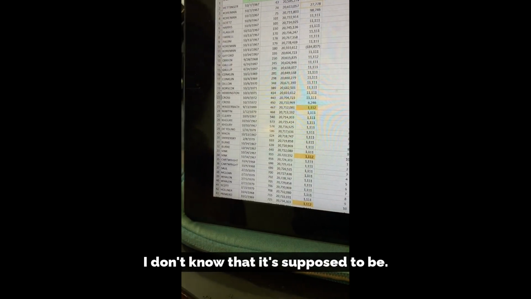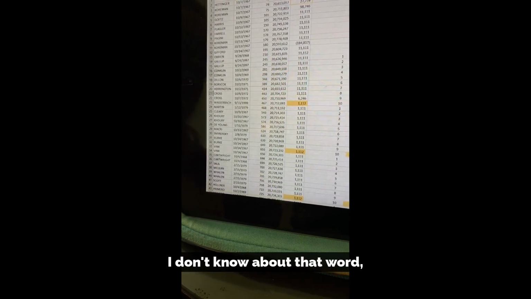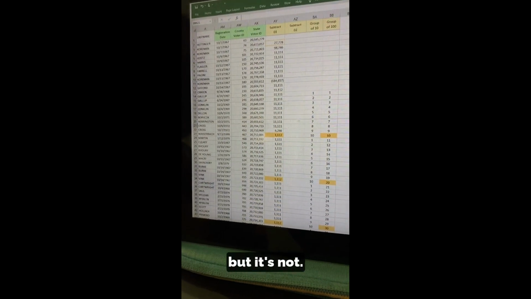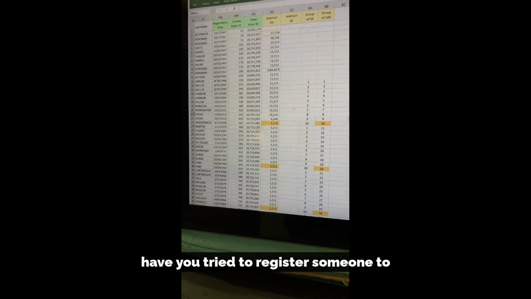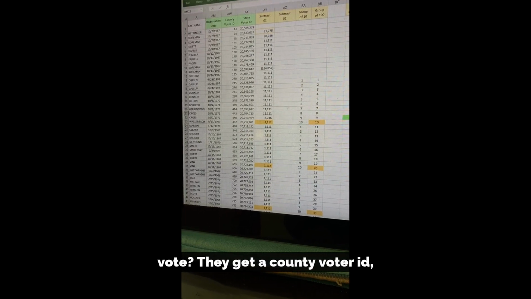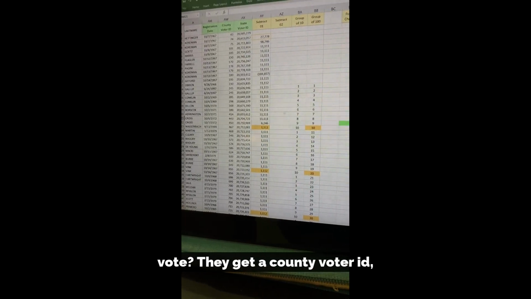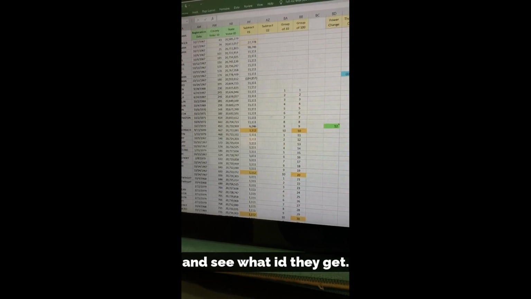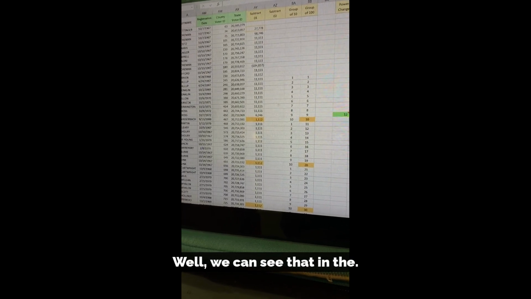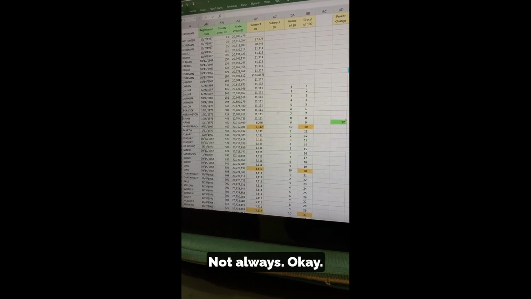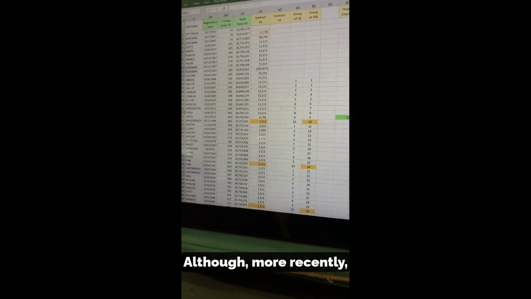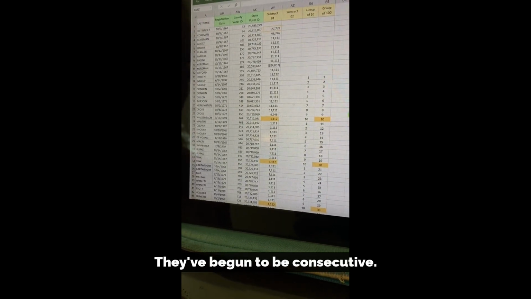Well, I don't know that it's supposed to be. But it's not. Have you tried to register someone to vote, they get a county voter ID, then register someone else, and see what ID they get? Well, we can see that in the voter rolls. And they're not getting consecutive? Not always. Although more recently, they've begun to be consecutive.